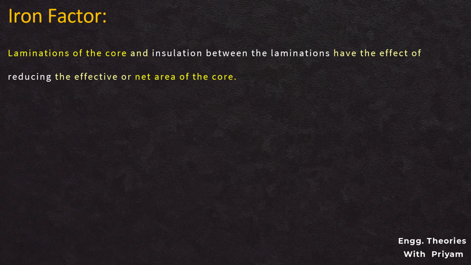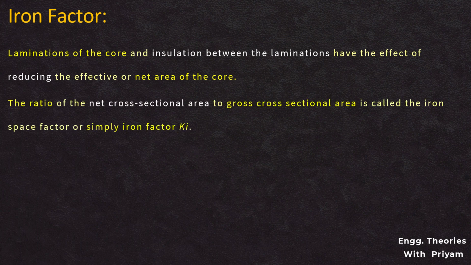Lamination of the core and the insulation between the laminations have the effect of reducing the effective or net area of the core. The net core cross section is about 10% less than the gross sectional area due to the lamination of the core and insulation such as paper or varnish. The ratio of the net cross section area to gross cross section area is called iron space factor or simply iron factor Ki.